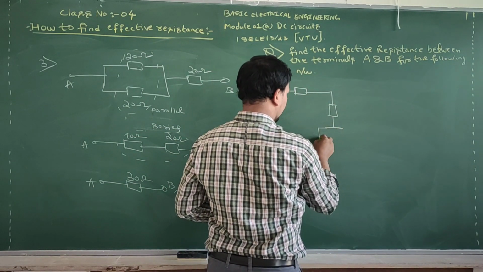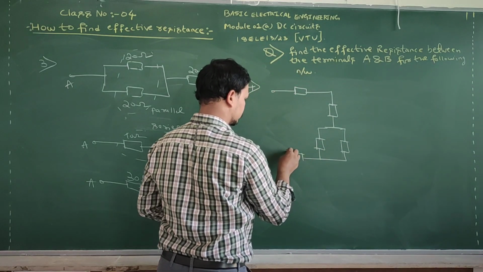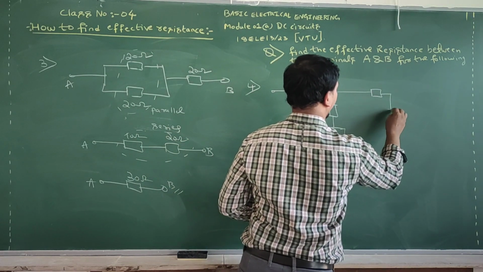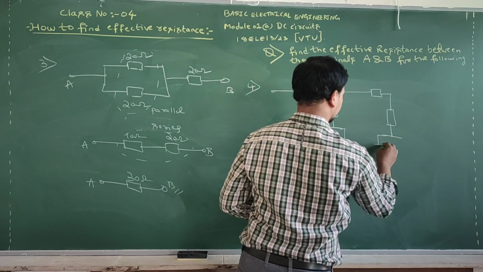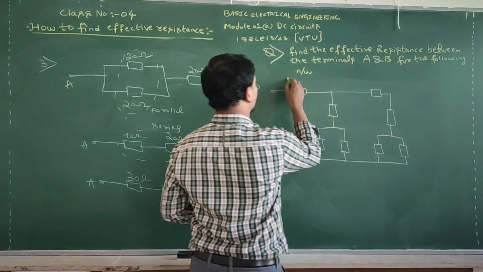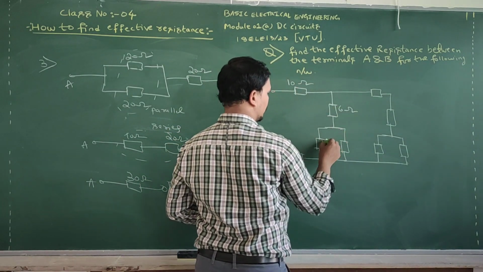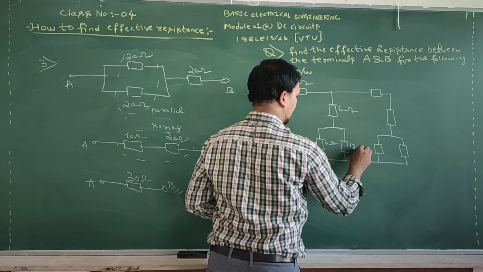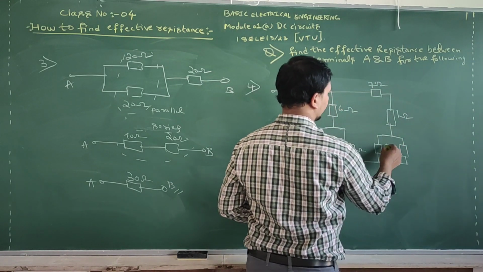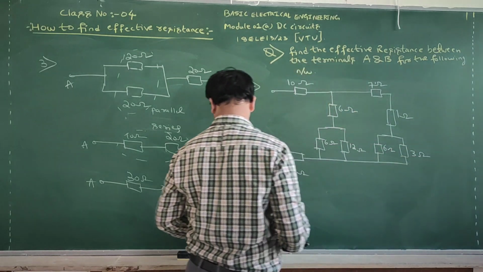So copy down the network neatly, as neat as possible. Okay, 10 ohms, 6 ohm, 6 ohm, 12 ohms, 7 ohm, 1 ohm, 6 ohm, and then 3 ohms.